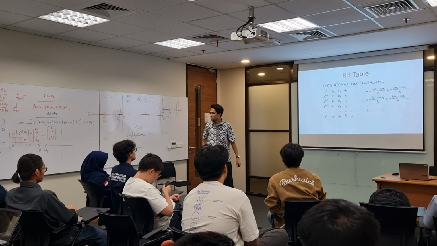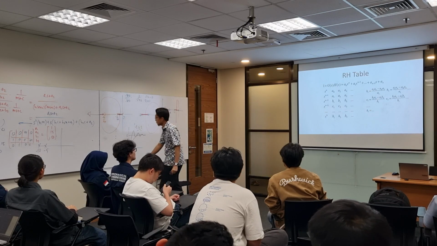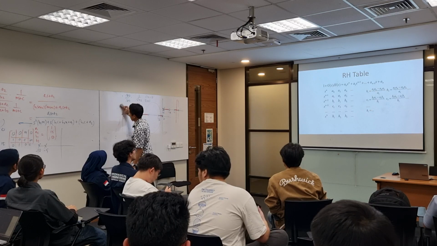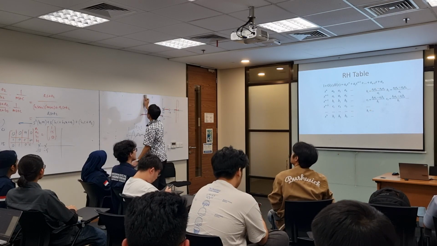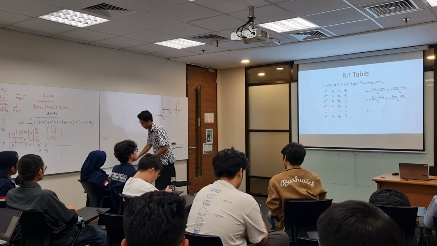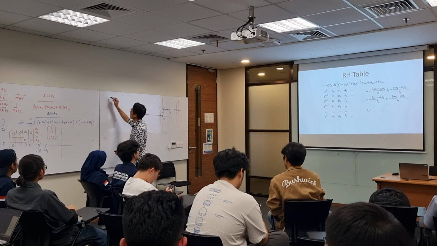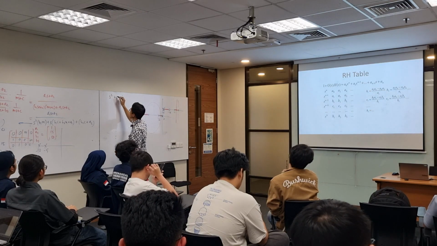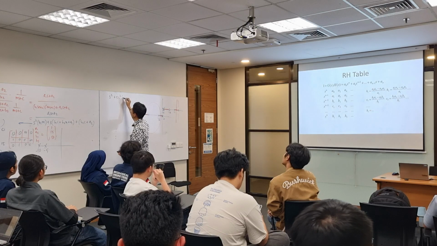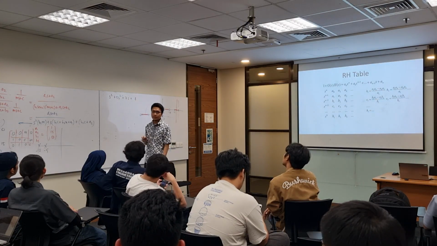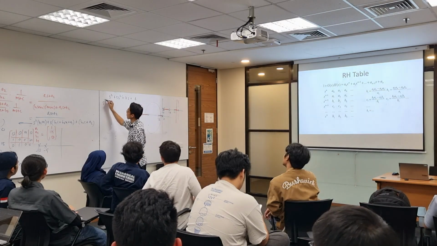Let's say you have a polynomial like this, s to the power of 3 plus 8. Then you create the table.